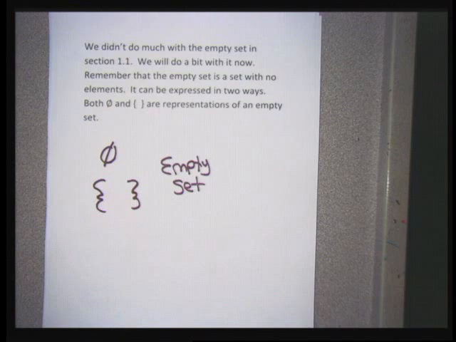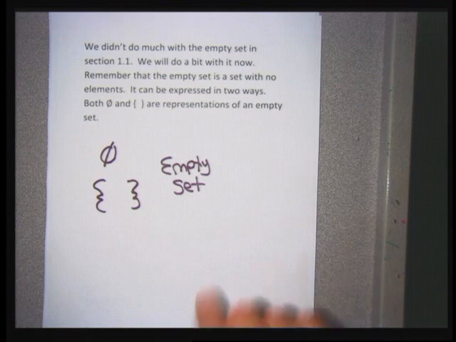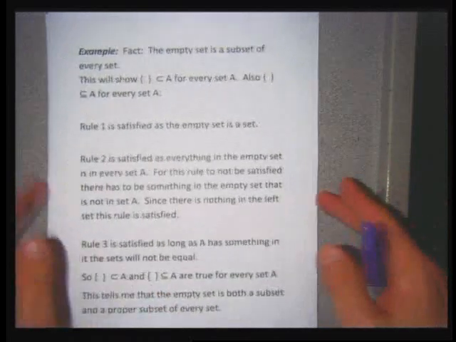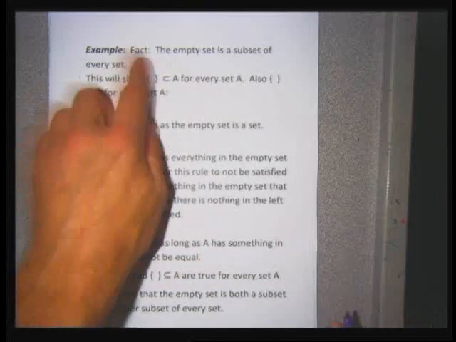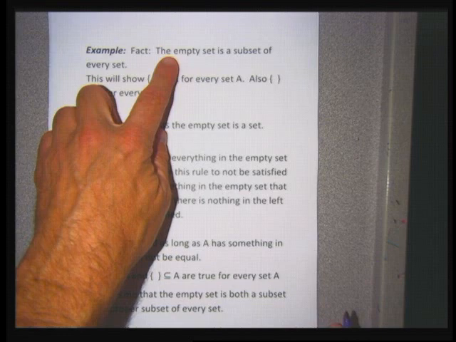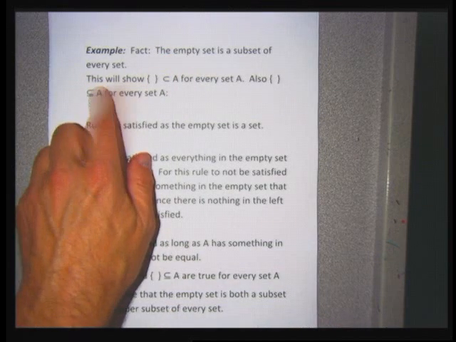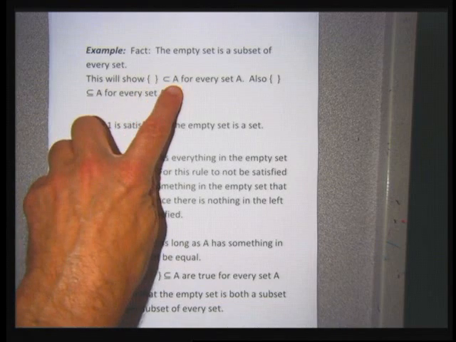And it turns out that the empty set is a subset of every set, and we're going to get to that on the next page. Not a hugely important thing, but it might come up a bit in the homework. So I just said this is a fact, that the empty set is a subset of every set. So how can I show this? Is the empty set a subset of A for any set A?